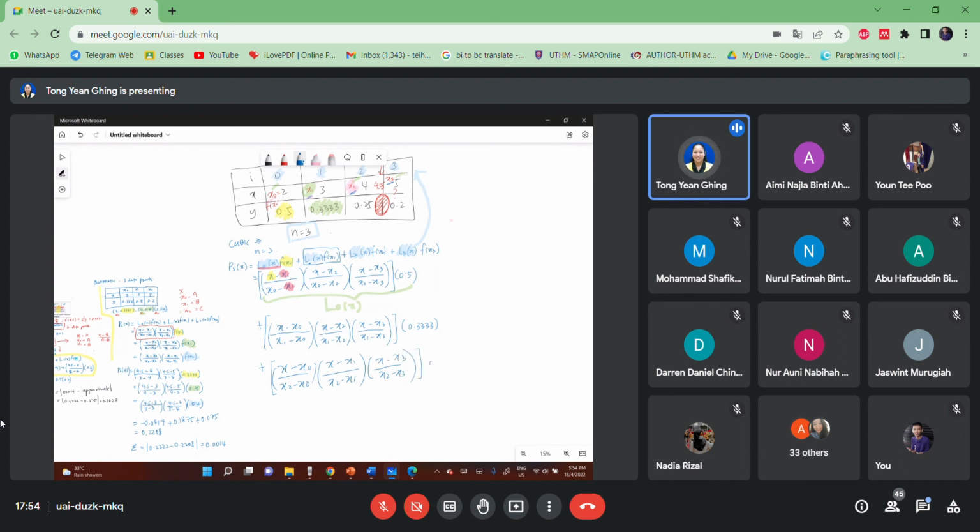Multiply with its own value, 0.25. Plus now X3: X3 minus X0, X minus X0, X3 minus X1, X minus X1, and then X3 minus X2, X minus X2. Times the value of y here, which is 0.2.